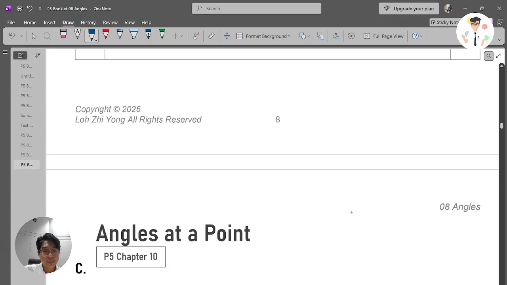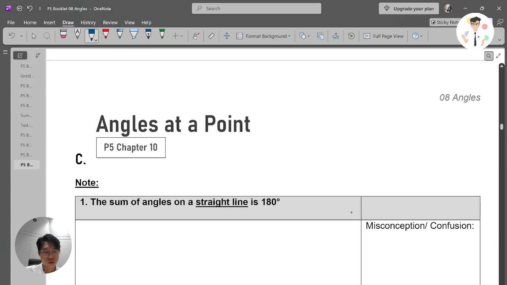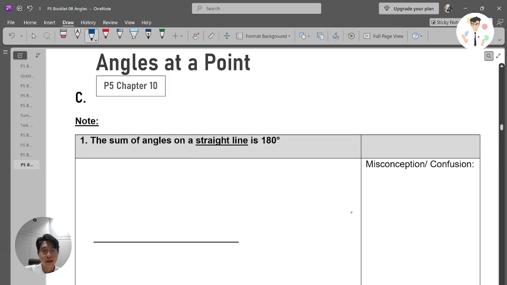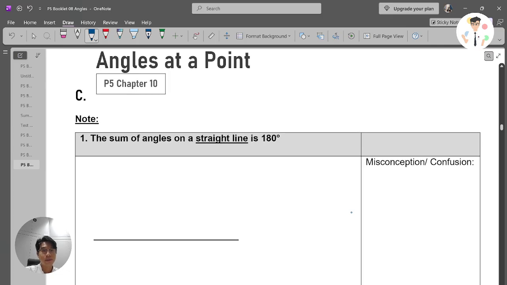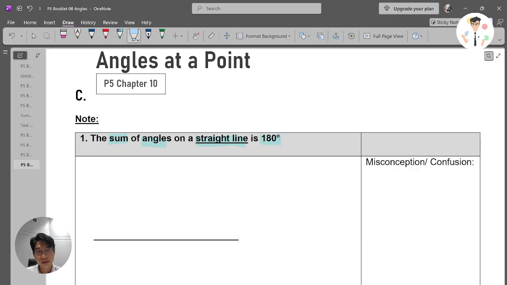The first tip that you should know, let's go to your booklet, page 9. Here it says that the sum of angles on a straight line is 180 degrees. Again, I repeat, the sum of angles on a straight line is 180. So it means that if I have this one line, then from the middle point I put one line, or maybe one more line.